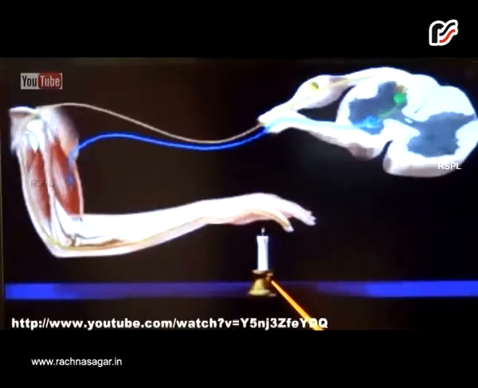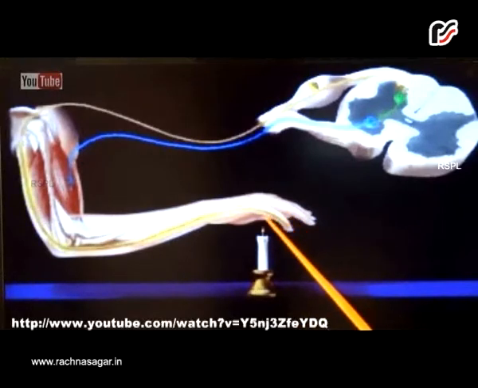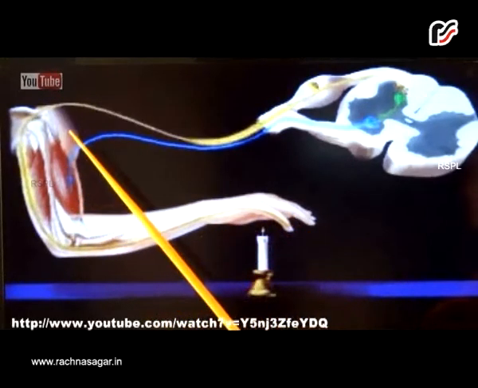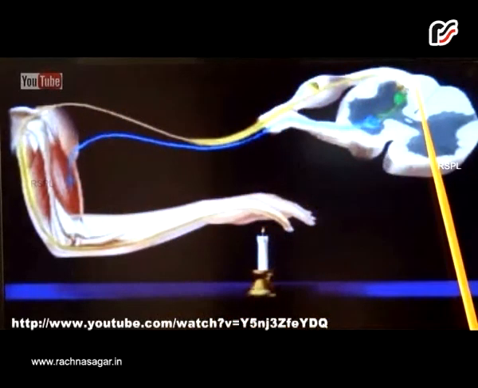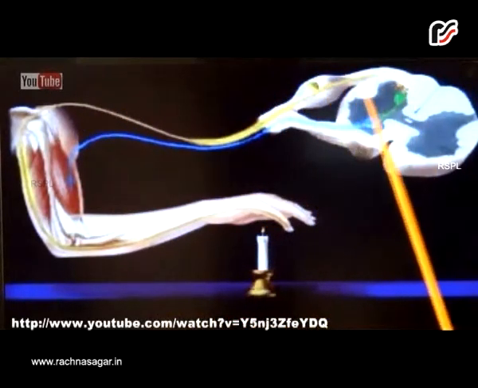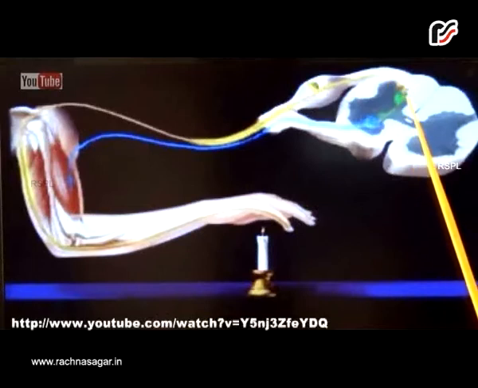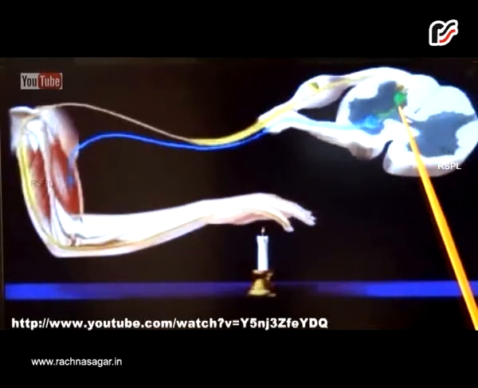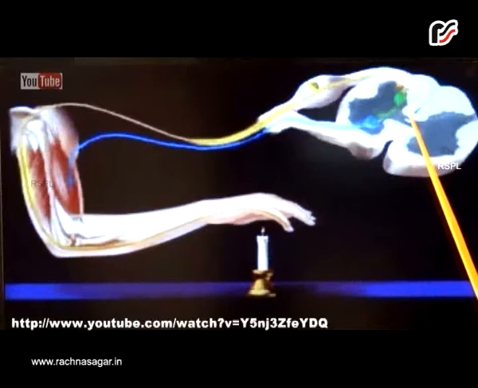This is actually the cause, and here you can see the sensation is carried by the sensory nerve, passes to the spinal cord. Here it is the ganglia, you can see, and then the impulse from there will definitely be interpreted.